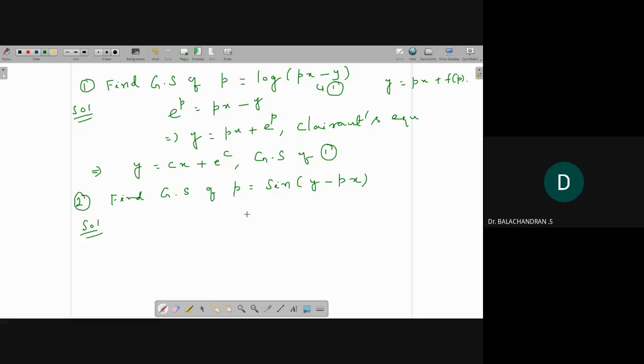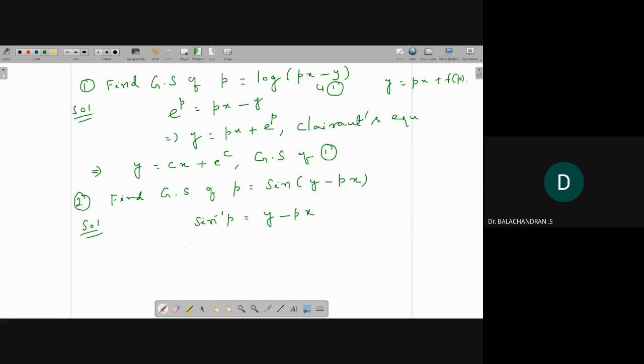So how to solve this problem? By taking sine inverse. Sine inverse of P equal to y minus Px is correct.